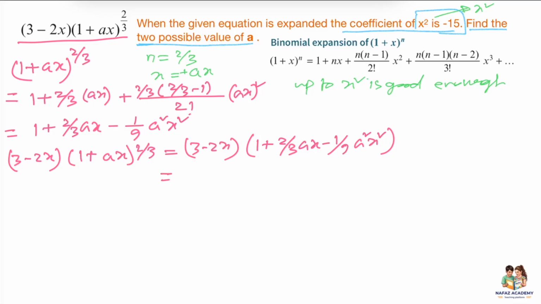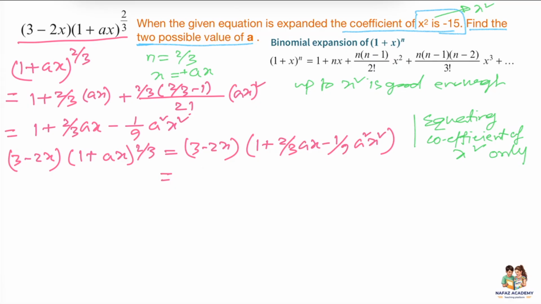3 times minus 1 over 9 a squared x squared gives x squared terms, and minus 2x times 2 over 3 ax is also an x squared term. 3 times 1 we do not need, and minus 2x times the x squared term would be x cubed, we don't need it.